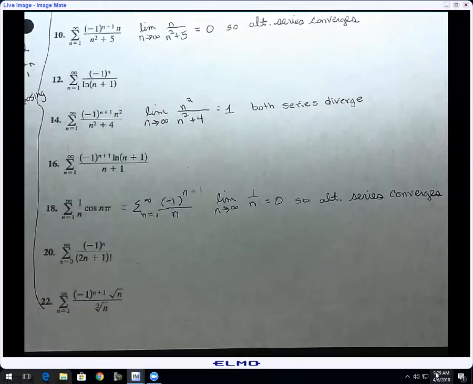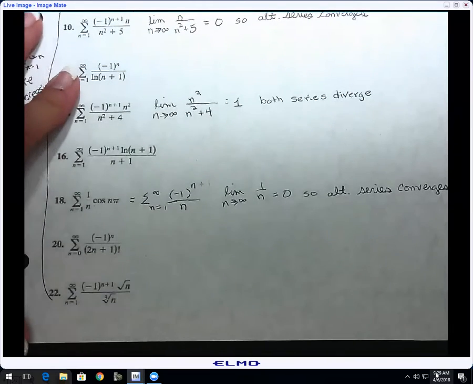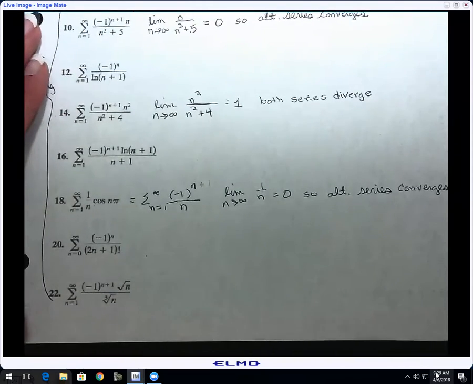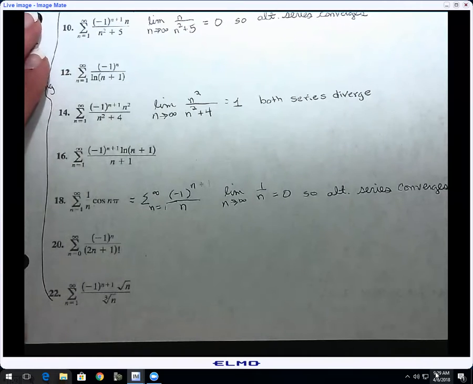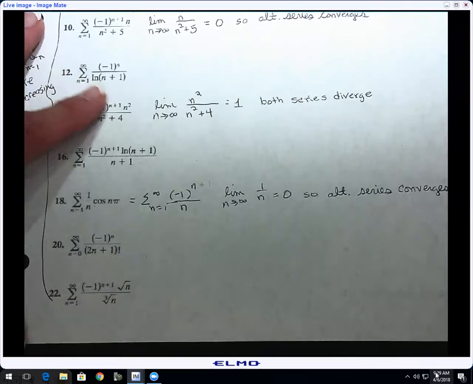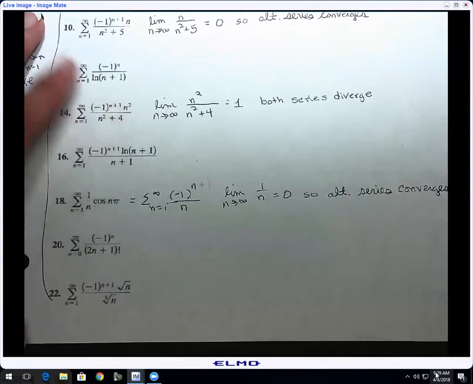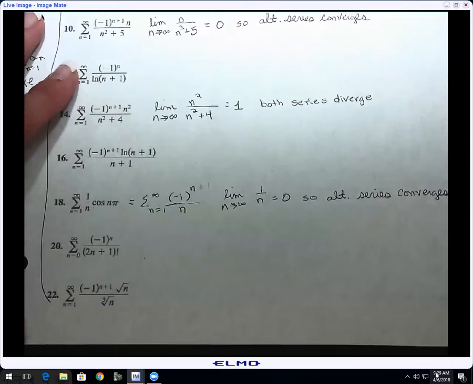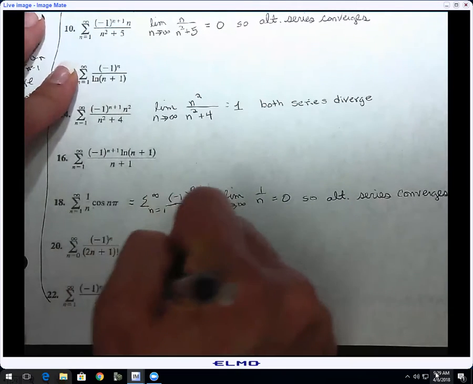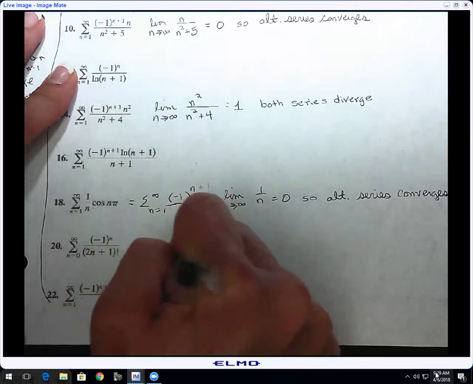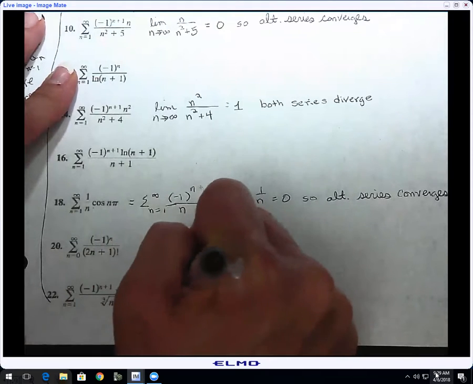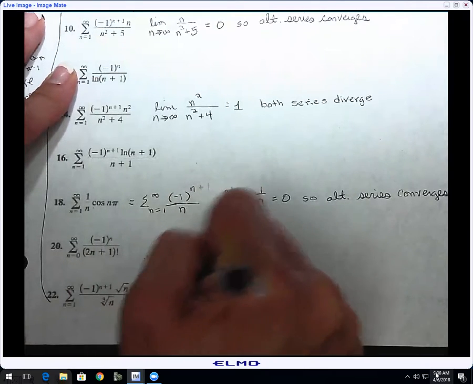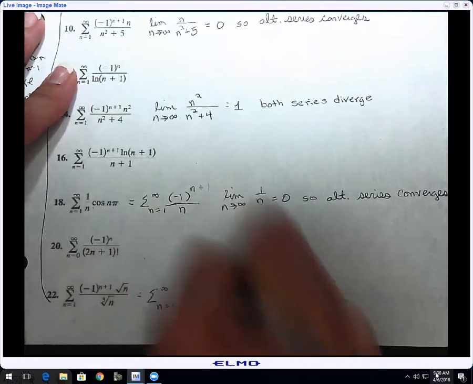Let's just do the last one. How would you write a sub n, the nth term of the alternating series without the negative 1 to the n plus 1? N equals 1 to infinity of n to the 1/2 over n to the 1/3.